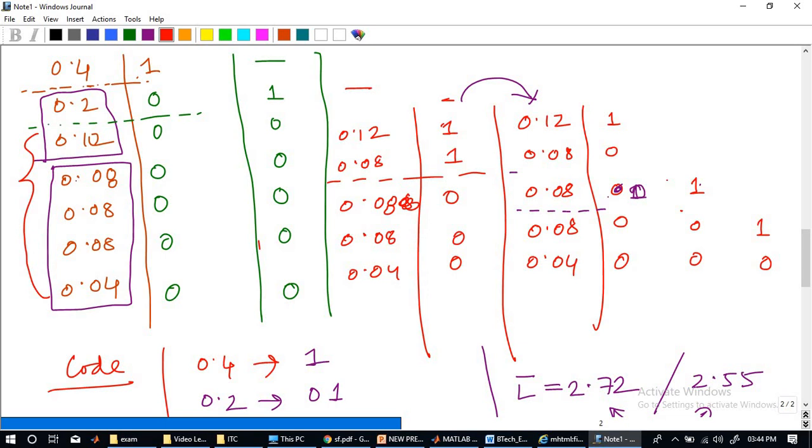Ideally, I did it because I wanted you to understand the difference. Now 0.48 and 0.2 can't be a partition because they are not equal. 0.36 and 0.32 can be a partition. But 0.48 and 0.2 cannot be a partition, although it is possible. So we can come to a conclusion, but the conclusion might not be the accurate one. That's what I wanted to show you.